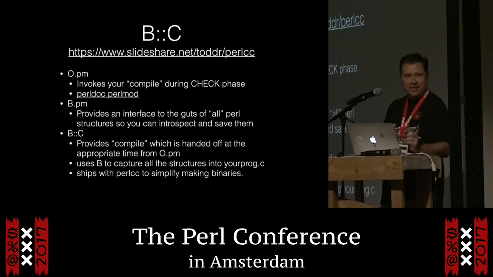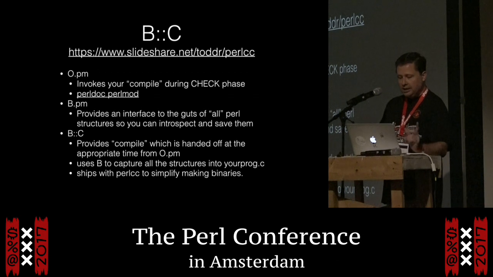It uses O.PM, so whenever you see perl -MO=something, you're actually invoking something that's going to hook into Perl after it finishes compiling, so it can do some inspection. It invokes compile at the point all of the BEGIN blocks and the compile is completed in your program.